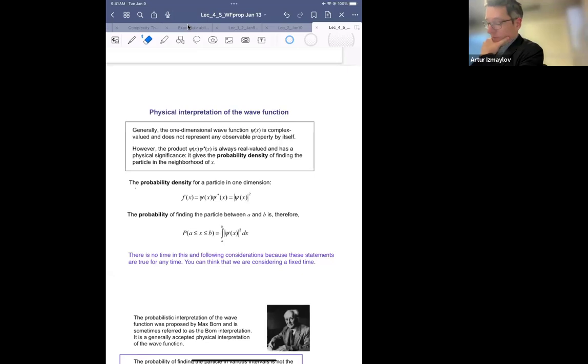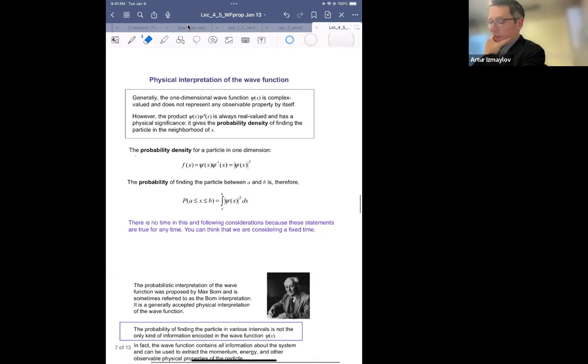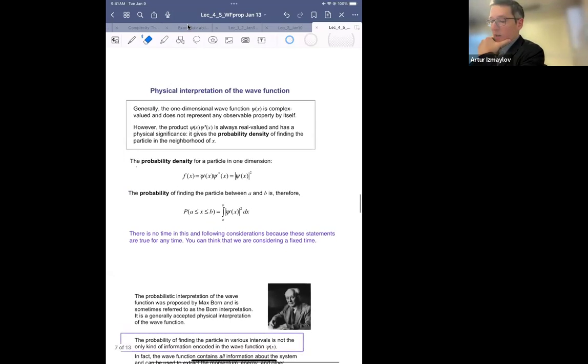But this is a very important aspect. One of the cornerstones of quantum mechanics is that this wave function by itself, as I said, is not observable, but it gives you access to all the properties that you potentially want to know about the system.